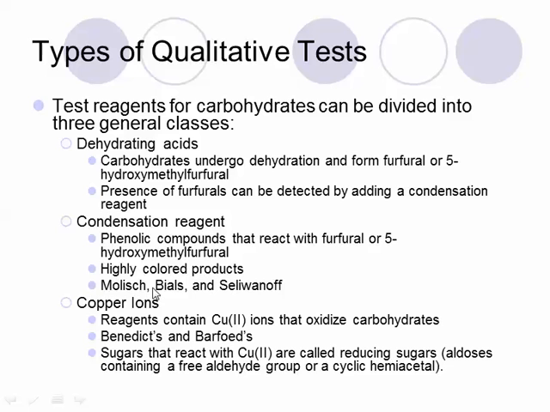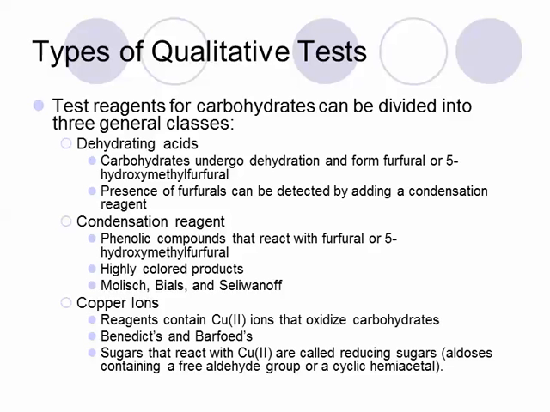Don't be surprised if you see beautiful greens and blues and vibrant reds, because you will see them. Three of these tests that you will be doing in this class are the Molisch, the Bial's, and the Seliwanoff. These are 3 of many that you will do. I'm just listing 3 of them here.